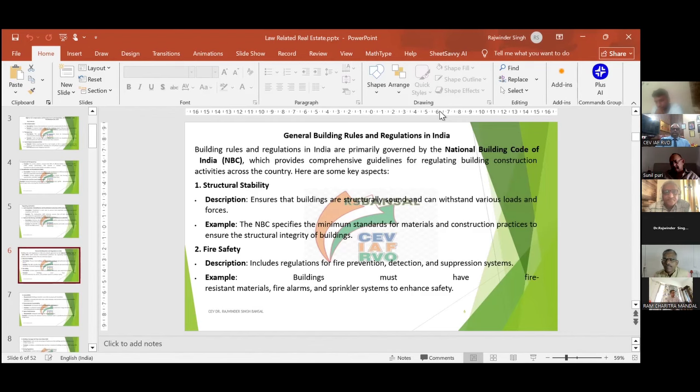So the first thing it deals with is structural stability. So what is structural stability basically? It ensures that buildings are structurally sound and can withstand various loads and forces. So whenever you design a building, you plan a building, the first and foremost thing you have to decide is the expected nature of forces to which it will be subjected.